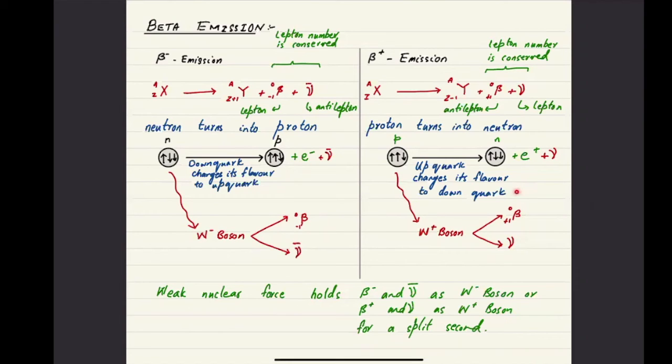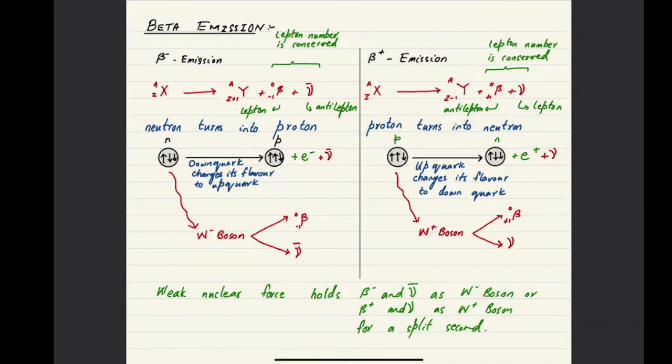And then the other thing is that we did make a long list of what's conserved and what's not conserved in a nuclear reaction. So you also need to acknowledge the fact that the lepton number is also conserved in a nuclear reaction.